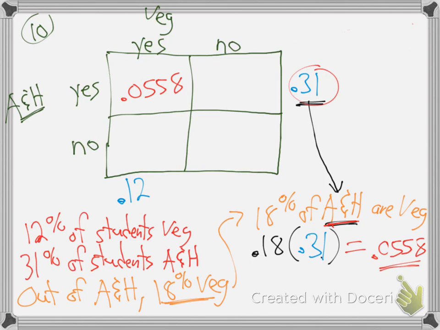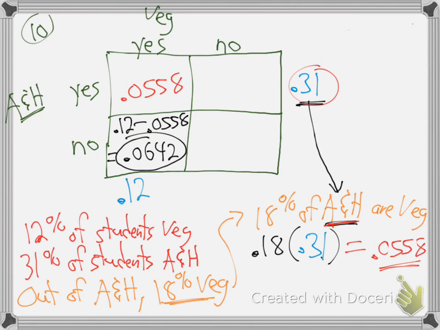We'll take 0.12 minus 0.0558, and that'll equal, I have no idea. That'll equal 0.0642 for there.